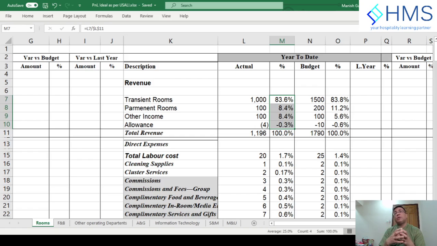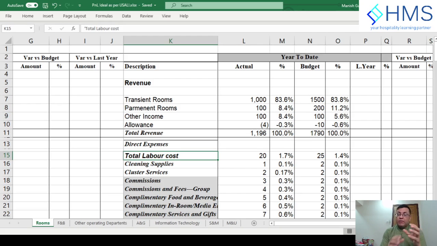Once you have understood the revenue segmentation, the next part is the profit and loss statement. The format that you see on the screen is slightly different from the USALI prescribed format, because USALI prescribes the total labor cost as a total amount shown in the profit and loss statement.